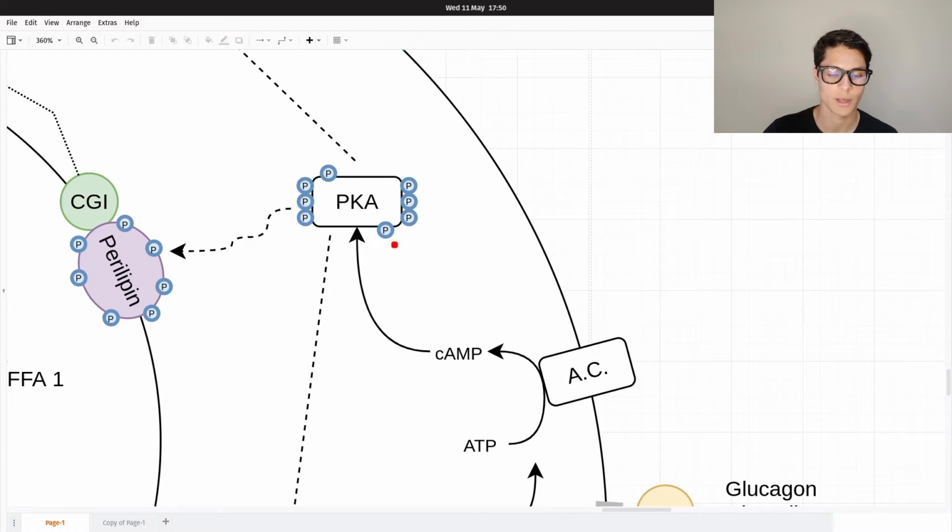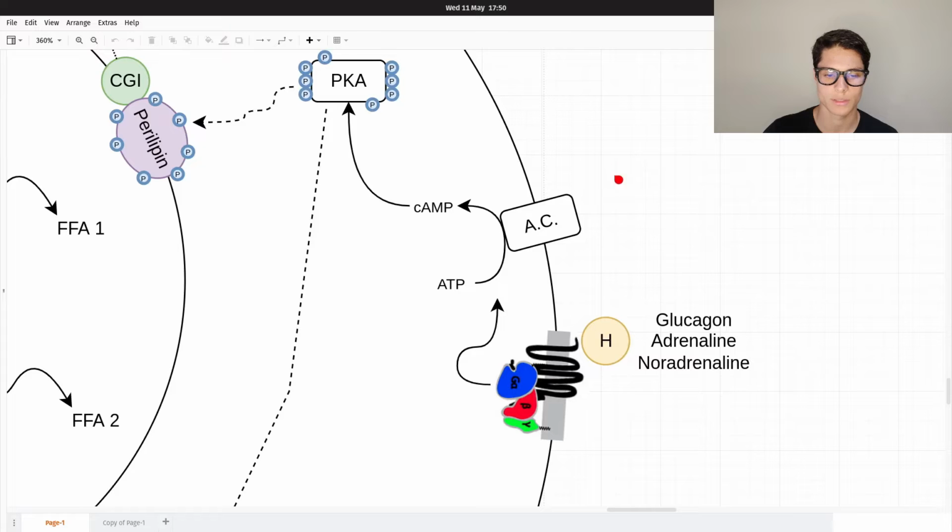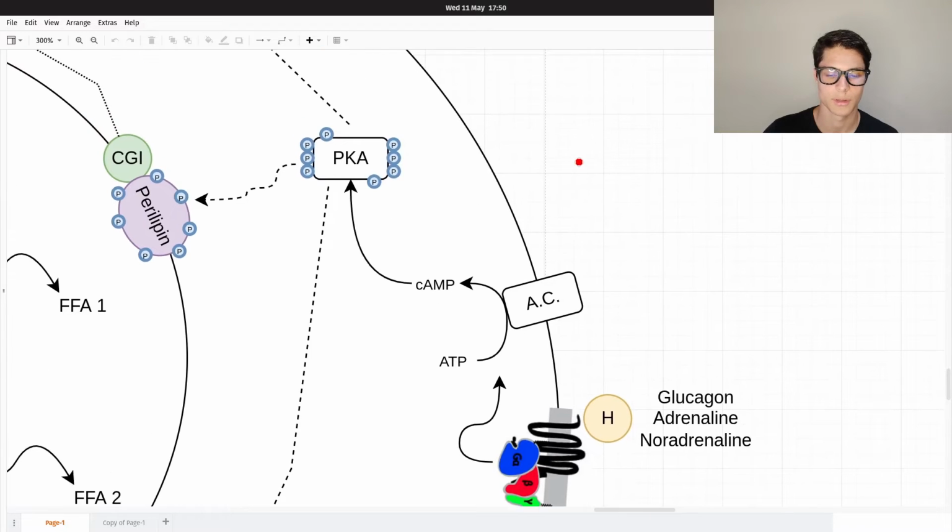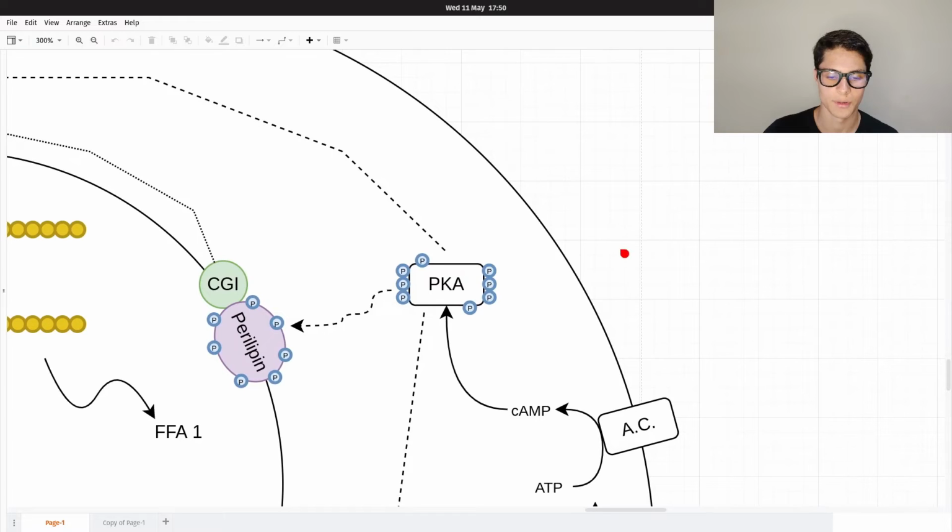Cyclic AMP is then going to stimulate protein kinase A. If you remember, we already discussed this process in the glycogen metabolism. These hormones are doing this pathway every time. Glucagon indeed is stimulating protein kinase A. We already discussed that in the fatty acid synthesis video as well.